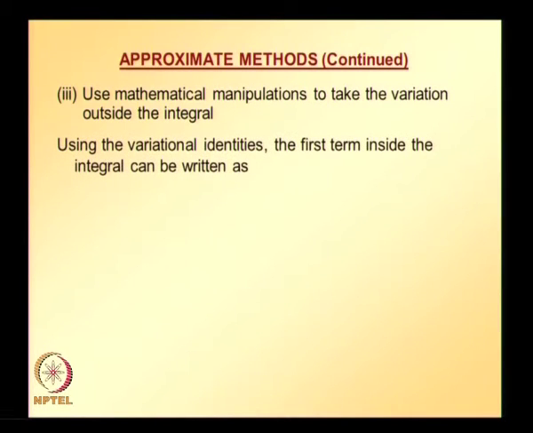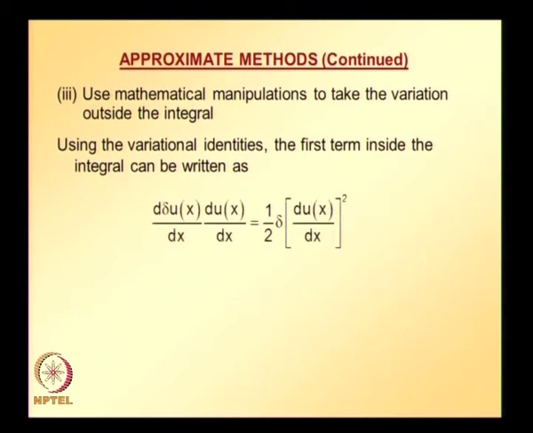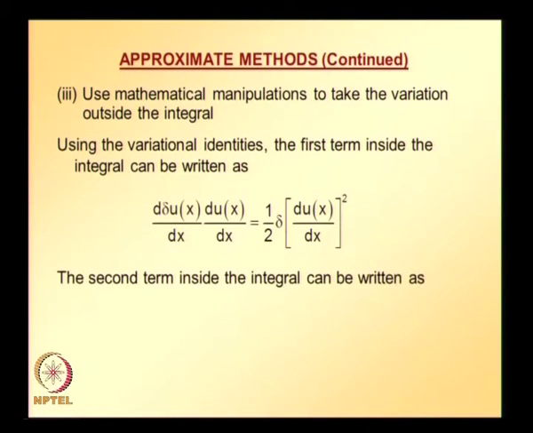Before that, using the variational identities, the first term inside the integral can be written like this. If you recall, we already noted one of the identities is this. Also, for the second term inside the integral, sin(pi x) is like f(x), so it is not a function of any of the parameters. We can write it as variation of sin(pi x) times u(x).